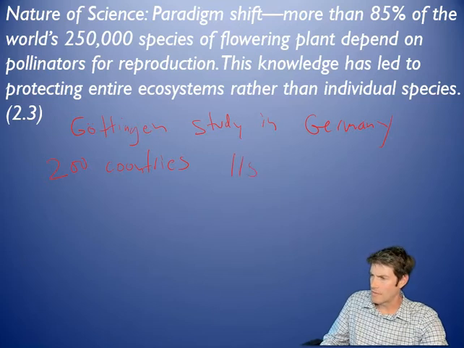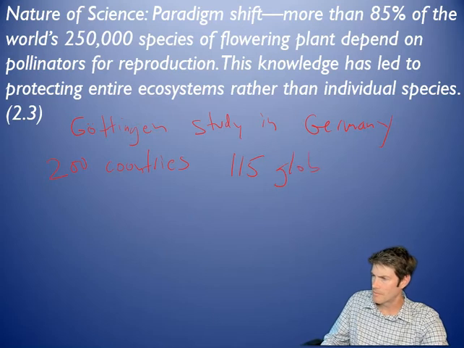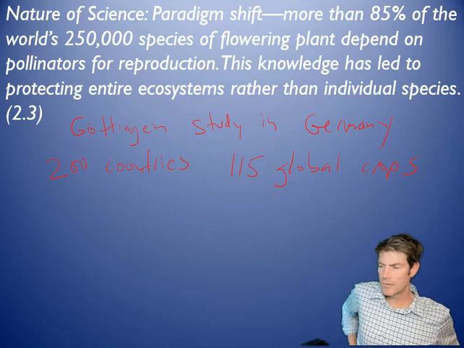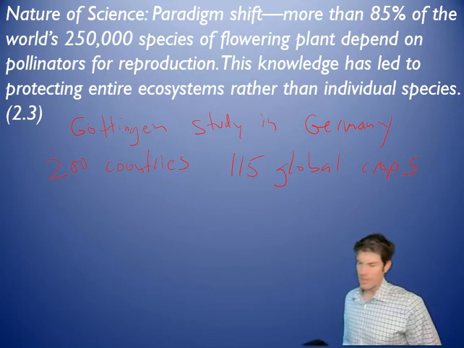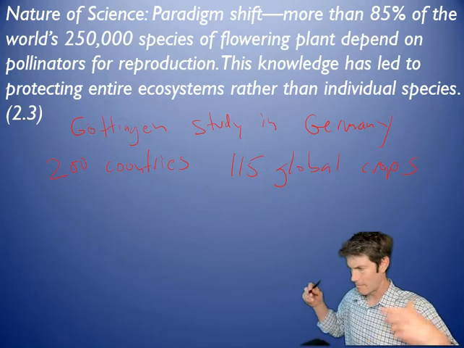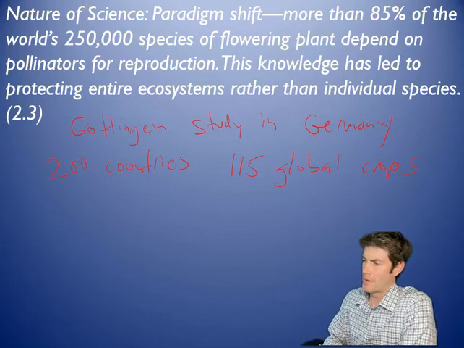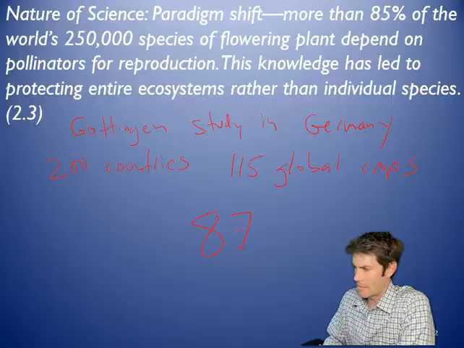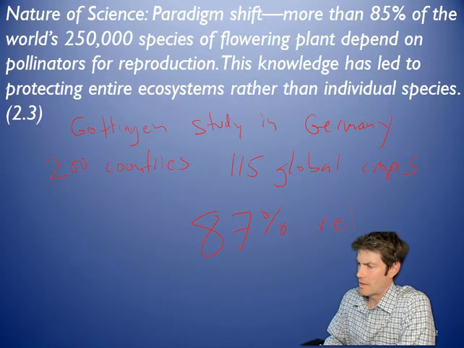Out of 115 global crops, so we're talking not just, say, wheat, rice, soybeans, corn, but we're talking way more beyond that, 87% relied on insect pollinators.